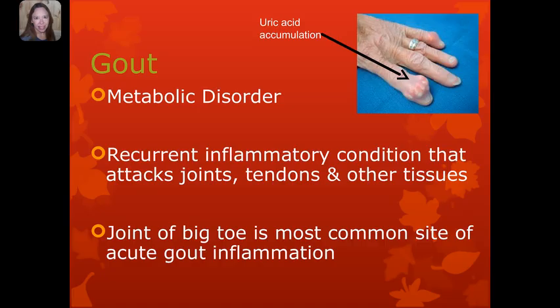A lot of times the patient is complaining of pain in their elbow, their hands, the base of their large toe. We can also see bumps appearing in the subcutaneous tissue, because those uric acid crystals are accumulating there. You can see that in the picture listed there.